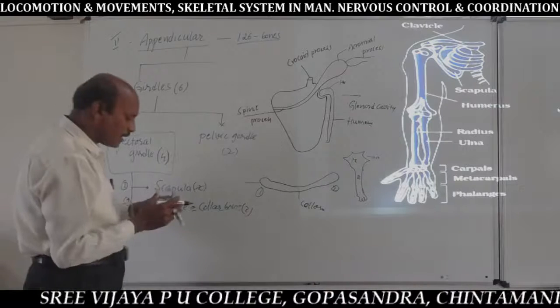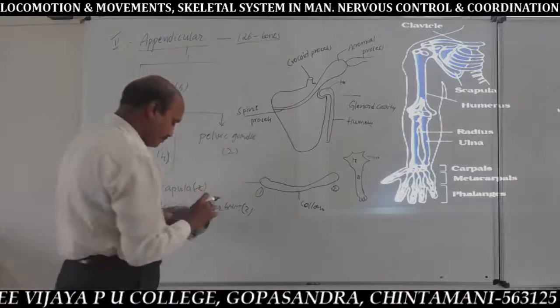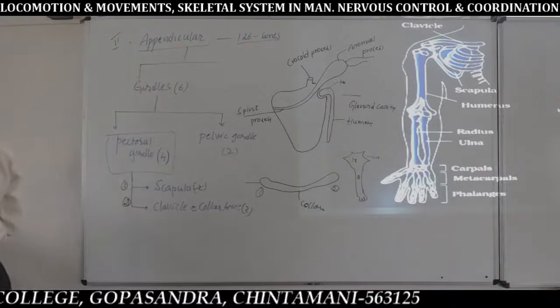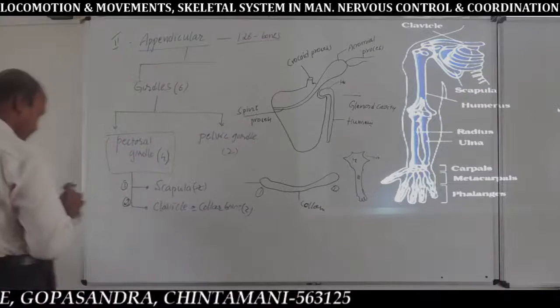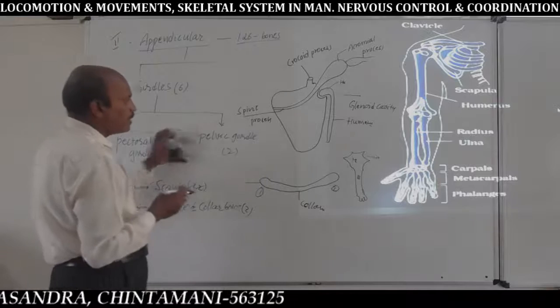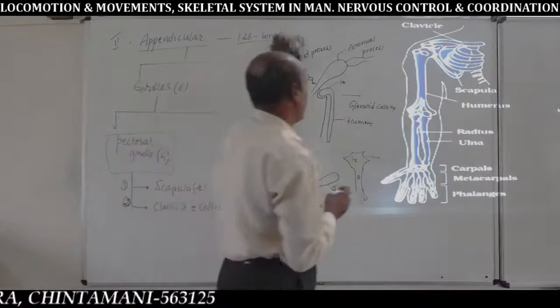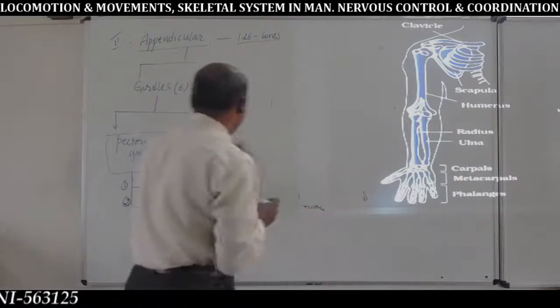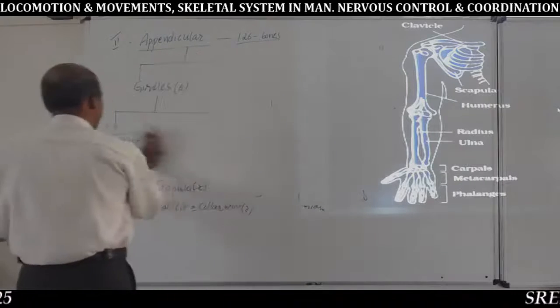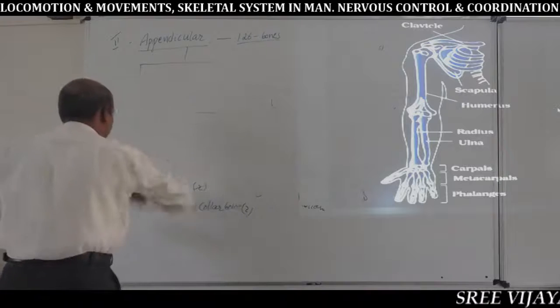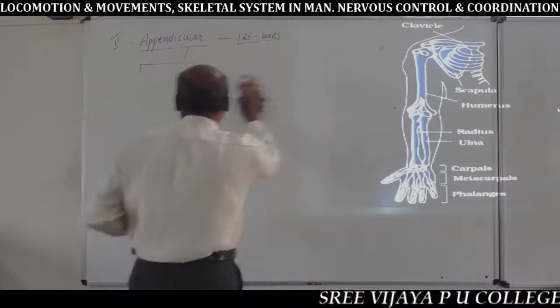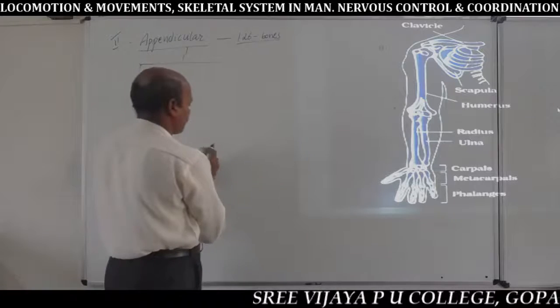The next, second kind of girdle is the pelvic girdle. The pelvic girdle centrally consists of a triangle shaped bone.